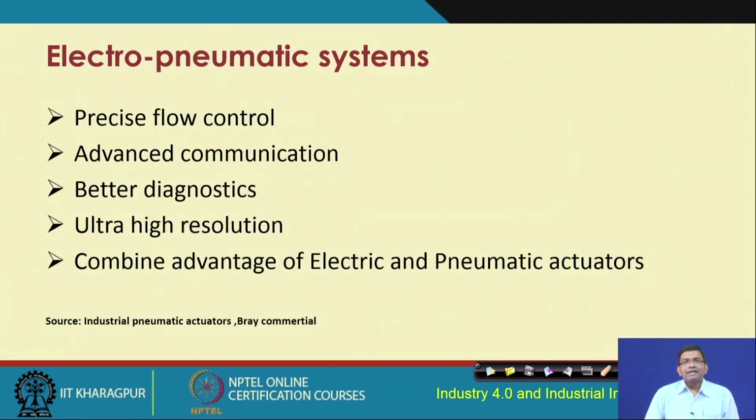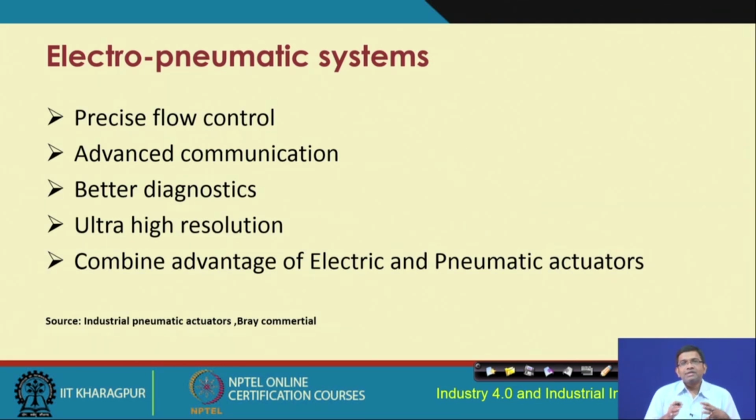Then there are the electro-pneumatic systems which have precise flow control, advanced communication capabilities, improved diagnostics than the previous traditional actuators, and ultra high resolution, and they also have the combined advantages of the electric actuators and the pneumatic actuators.